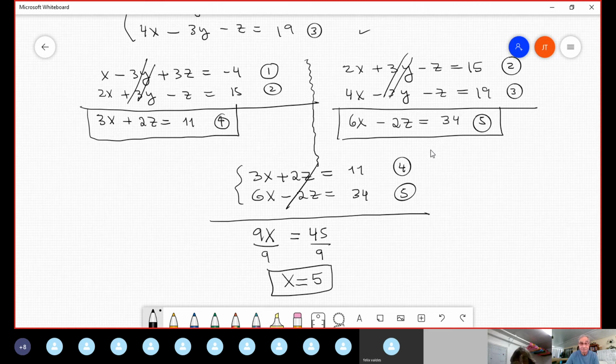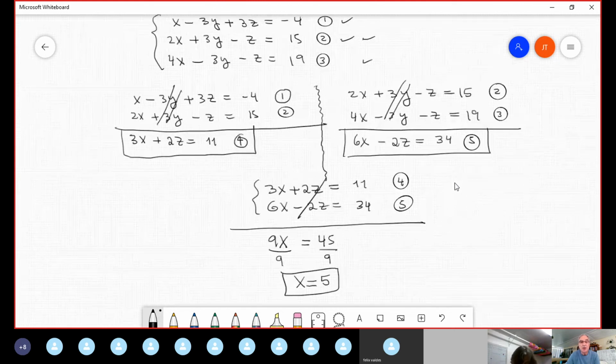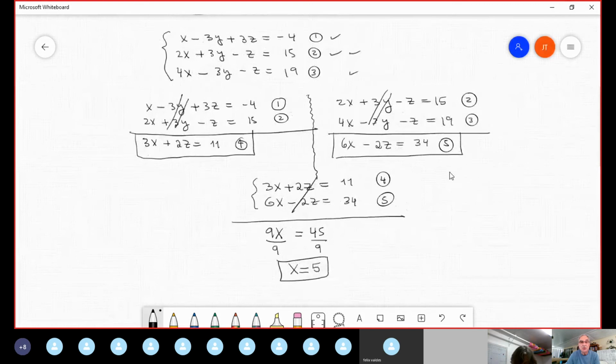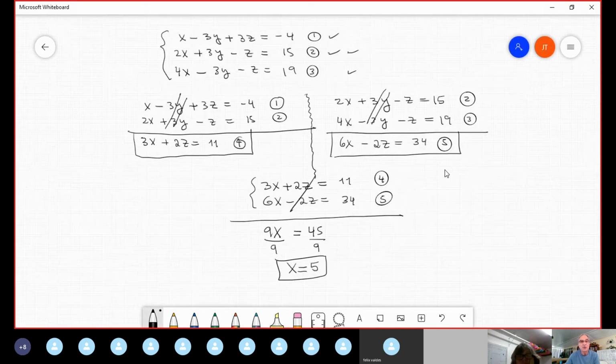Okay, perfect. To find the rest, y and z, what equation do you recommend me using? The horrible original equations, or the intermediate equations 4 and 5?